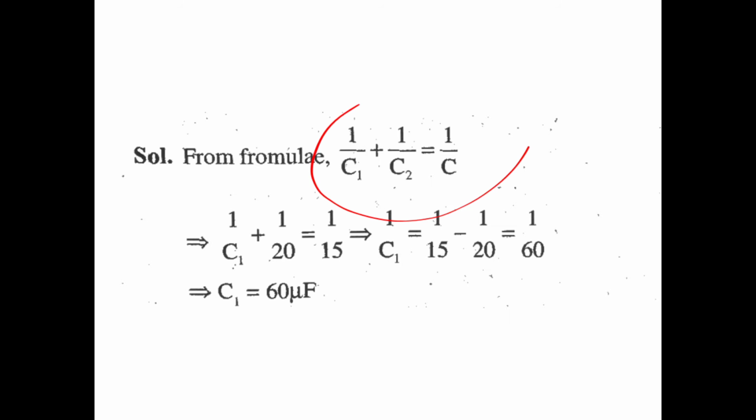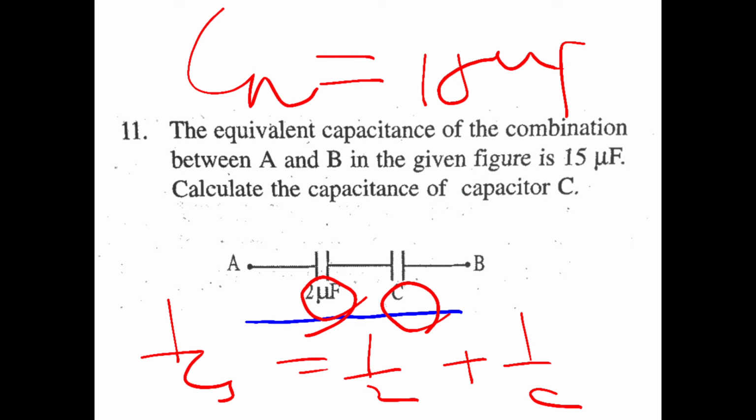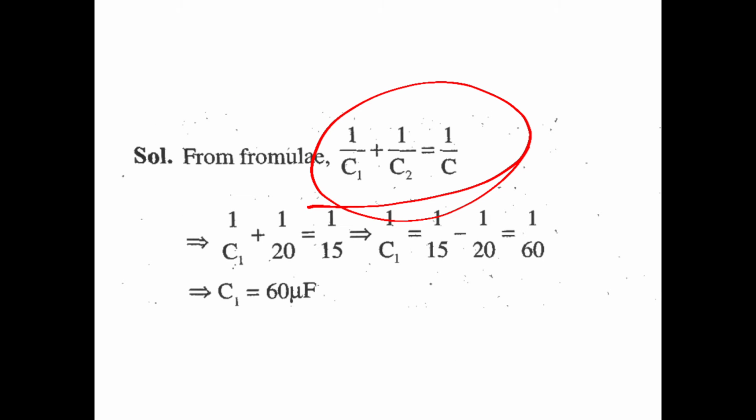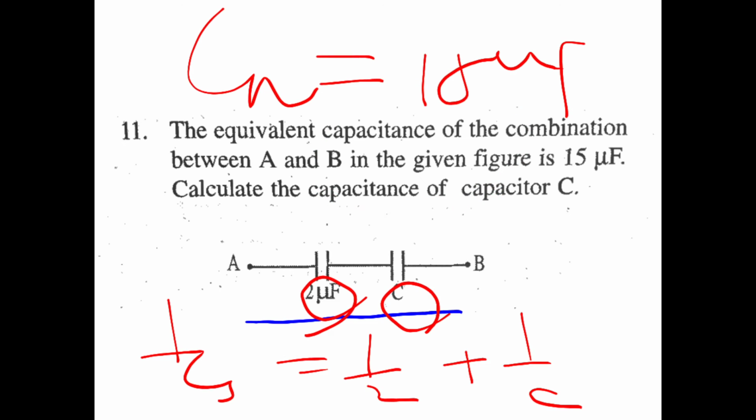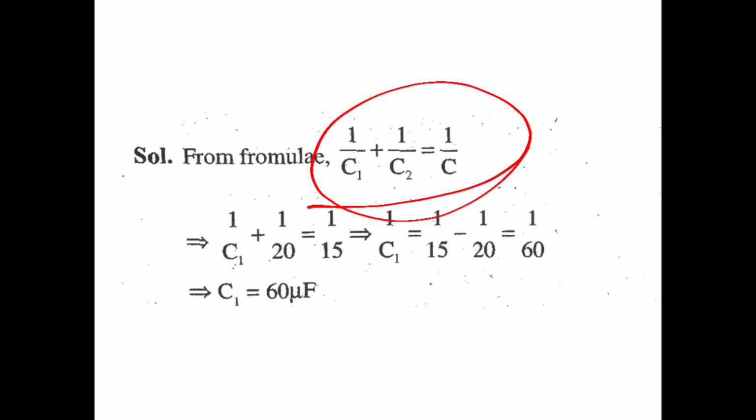Next, this is given, and 1 by 2 microfarad. Sorry, is it true? Yes. This is 2, and this is 2 also, and the LCM will be 30. This is wrong. Okay, this is totally wrong.